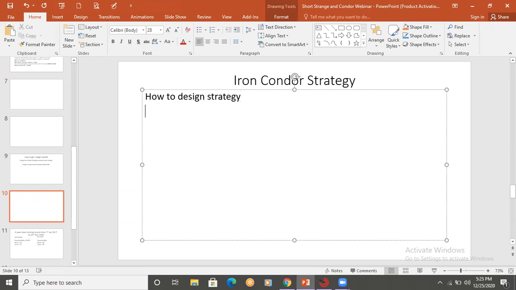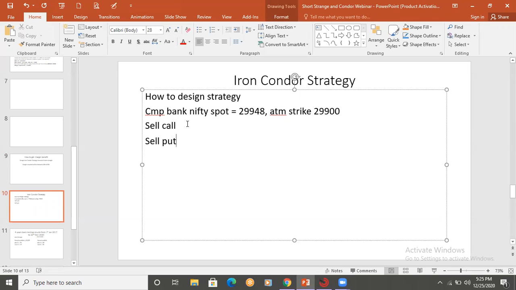Okay, how to design the strategy. Again, let's say the current market price of Bank Nifty spot is 29,948. So guys, what will be the ATM strike? ATM strike will be 29,900. So sell call option, sell put option.